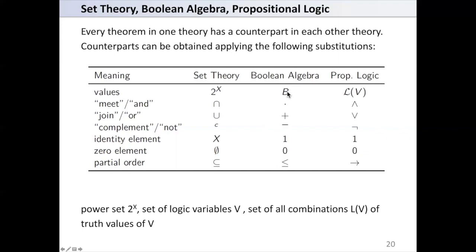In Boolean algebra, it is B, set of logic variables V, and in propositional logic it is the set of all combinations of truth values of V.